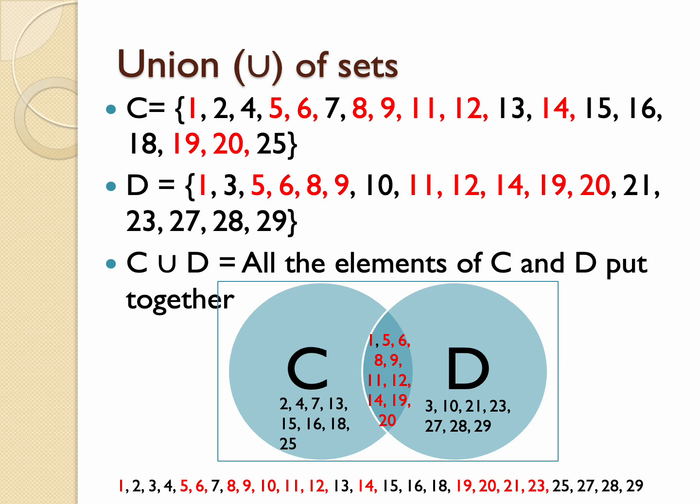Remember, when putting all the elements together, none should be repeated, even if they appear in both sets. So for example, there are these elements in red that are common to both of them, both C and D. They should not be repeated twice when we write the set C union D.